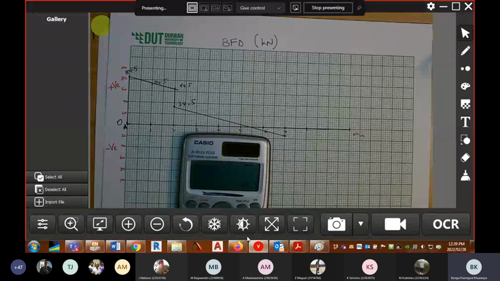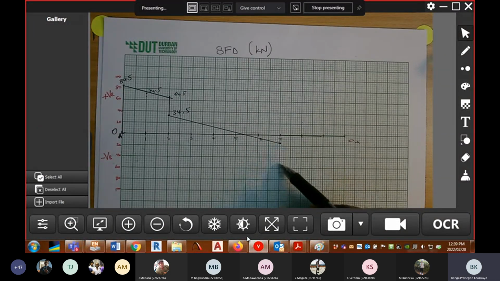Then you can see that now you need to go further down to minus 65.5. Right, so there you go.